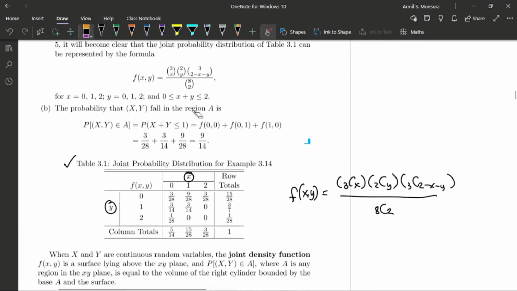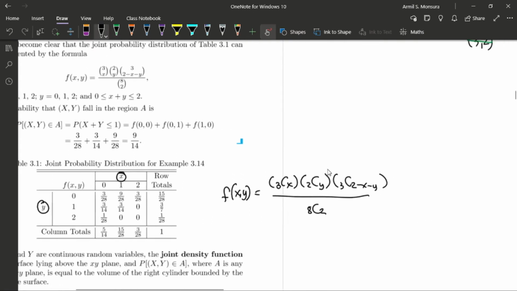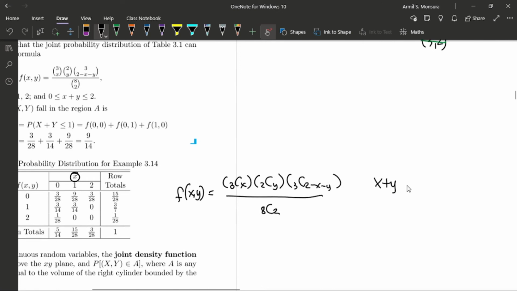First thing, we can look at the possible outcomes that would lead us to the region x plus y is less than or equal to 1. That can be 0, 0, because 0 plus 0 is 0, so the sum of x and y is less than 1.